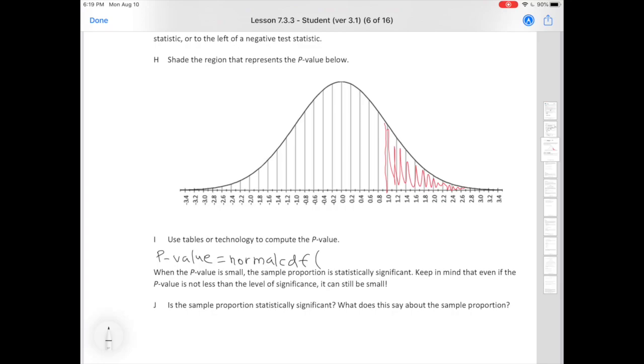The lower limit would be 0.97, right? That's the left of where we start shading. And it goes to the right forever, doesn't it? And so we're going to go until 1E99. Okay, so let's cut over to the calculator to see how to enter that in.